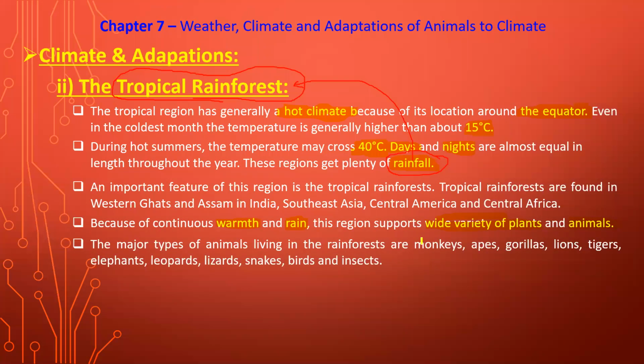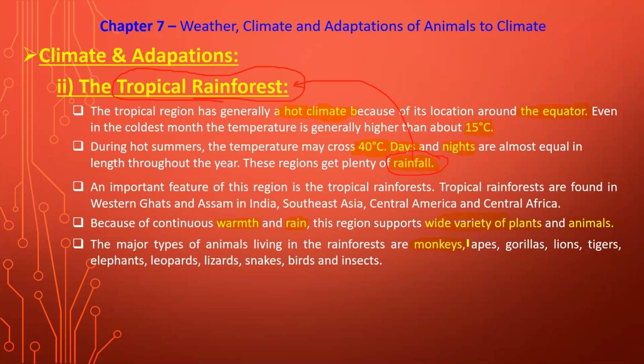So in those major types, monkeys are there. Now as the trees are more, and the variety of trees is very wide, the monkeys can live on those trees, so that's why they live in the tropical rainforest region.